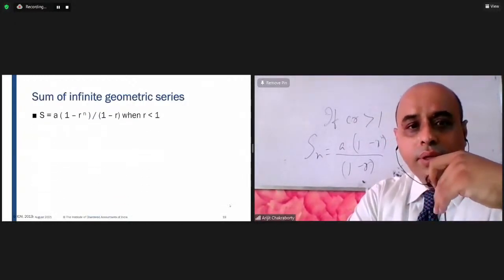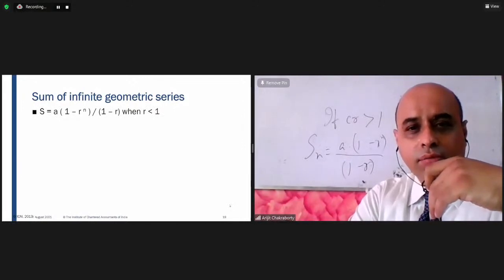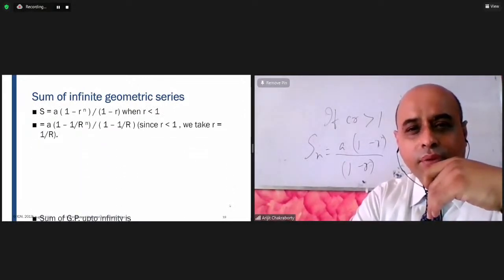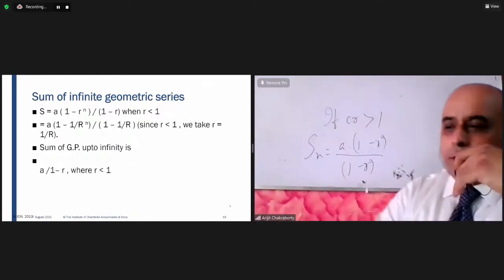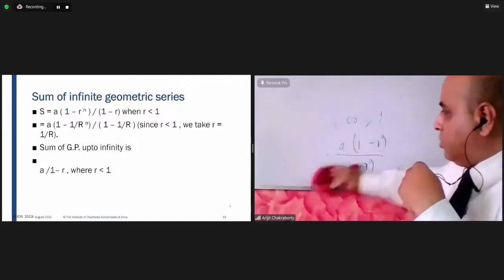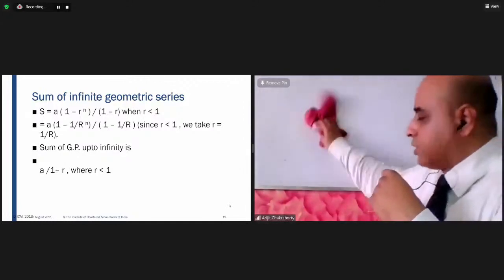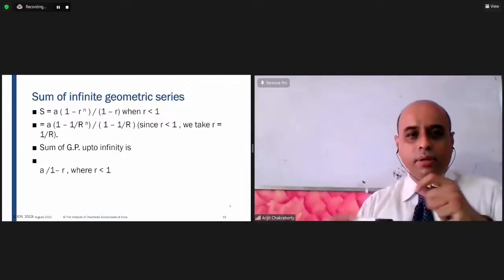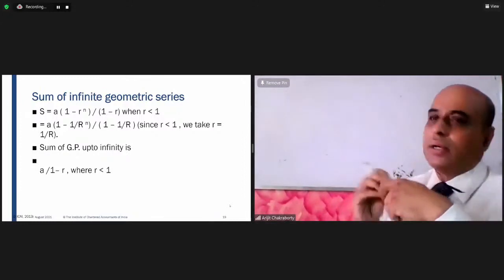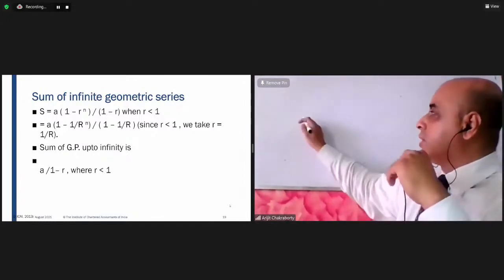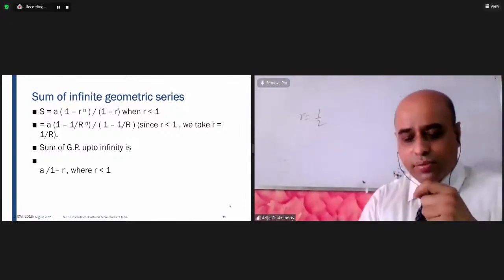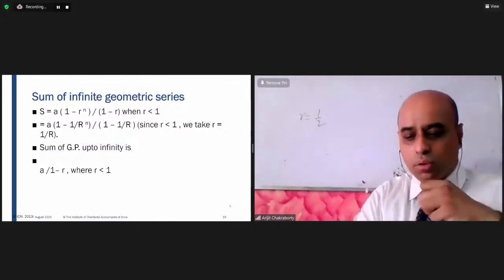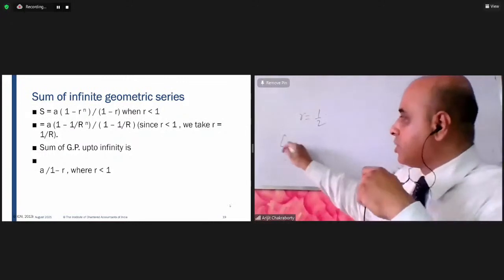Now, there could be an infinite geometric series, a GP till infinity. Say, for example, let us take a ratio of half, and the first term is 4.